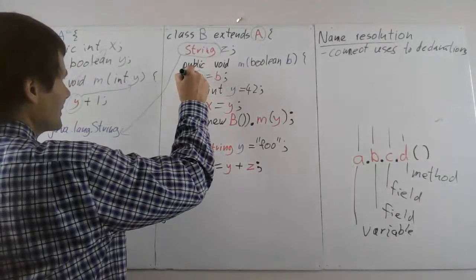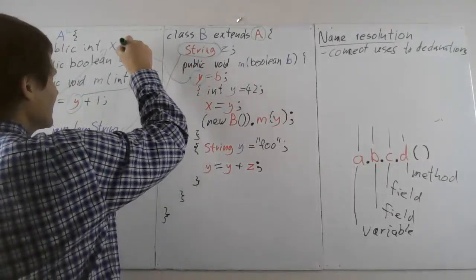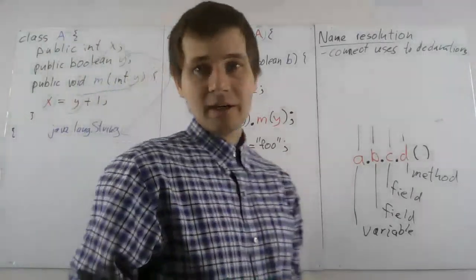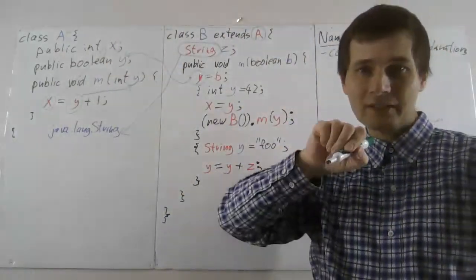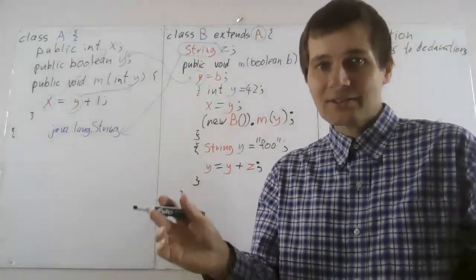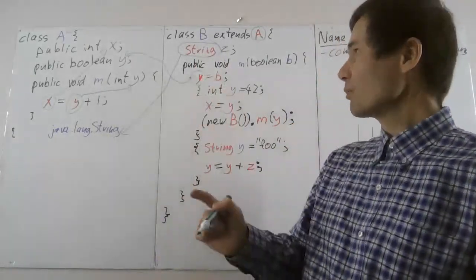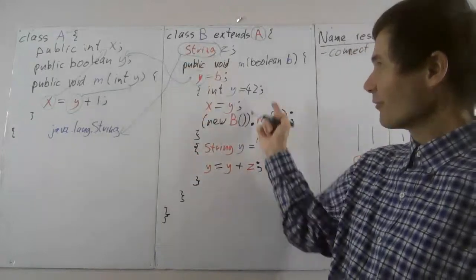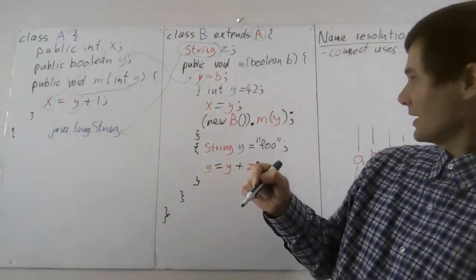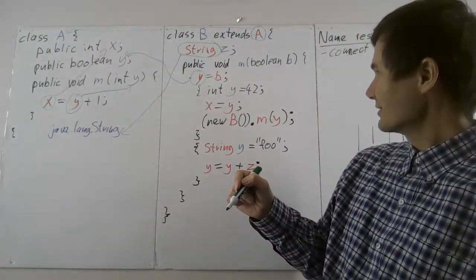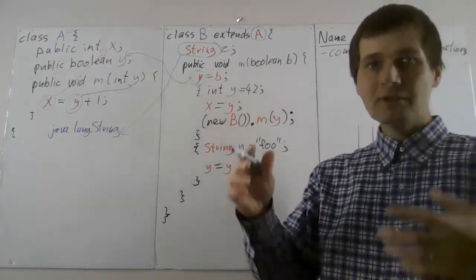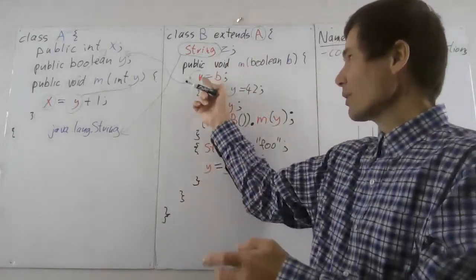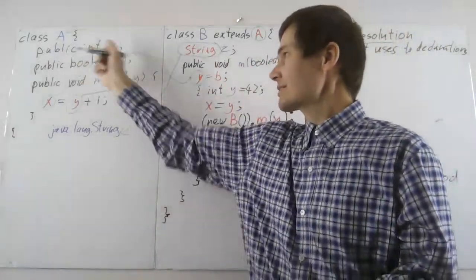So this Y is referring to this declaration, and that declaration is in a different class in a different file, right? But the compiler has to figure out, when I say Y here, well, there's at least 4 Y's or 5, I don't know, 4 Y's in this program that it could refer to, and it has to figure out when I say Y, I really mean this thing, right?